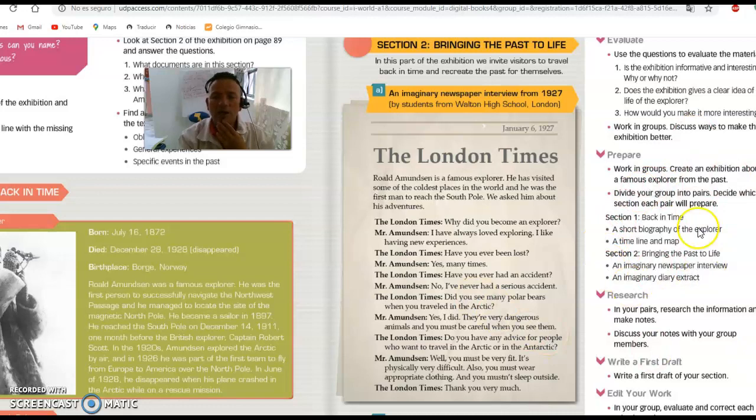These are ideas how to do it, but in your hands you have the solution. You have to investigate, you have to write, you have to make a map of where he stayed when he was a famous explorer, what he discovered, and those dates that are interesting to know for someone who's reading about your famous explorer.